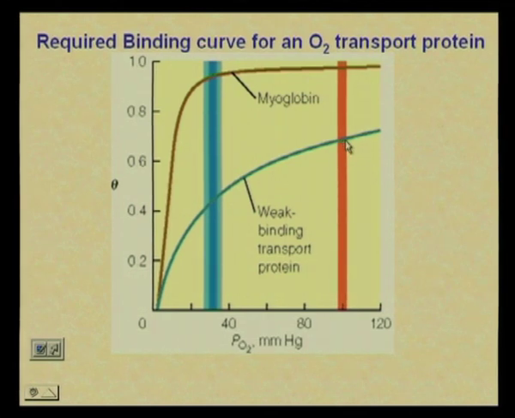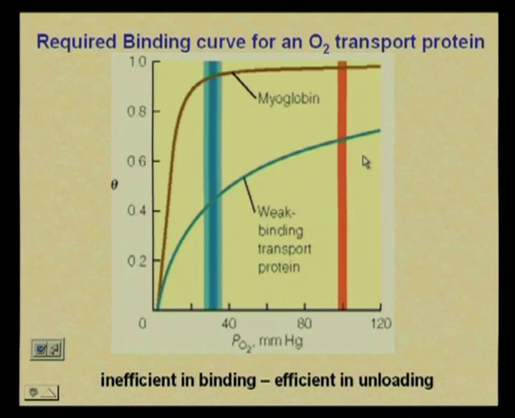It is pretty inefficient, because even when I am close to 100 millimeter mercury, I still do not have even 70% oxygen bound, right. So, in this case, I have something that is efficient in the unloading, but inefficient in the binding, right. So, in this case, I have a weak binding transport protein.